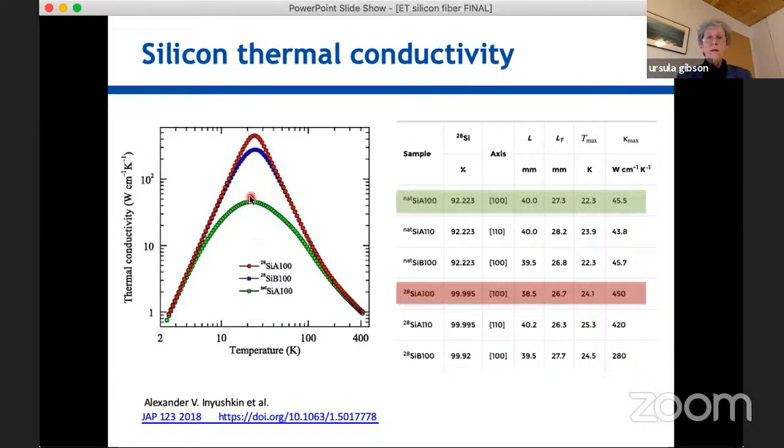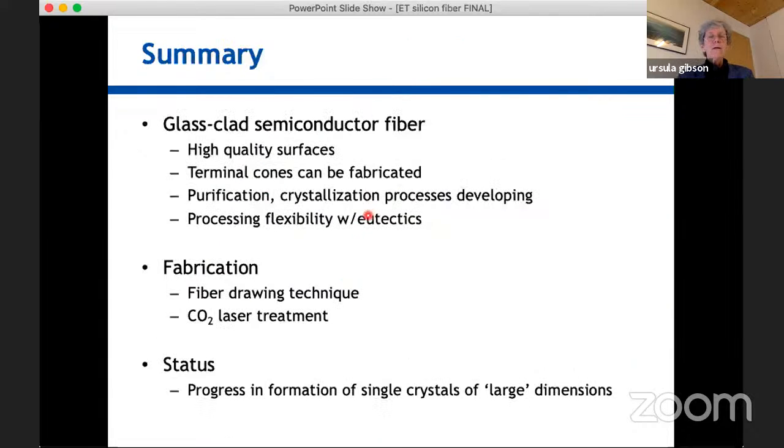And the peak is right around the temperature where I understand you may be operating. But what really struck me here is that if you use isotopically pure silicon, you can get a huge increase in the thermal conductivity. Again, maybe you guys have been on this for 10 years, but for me, this was pretty cool. So in summary, this glass-clad semiconductor fiber is, I think, a promising way to start making materials.